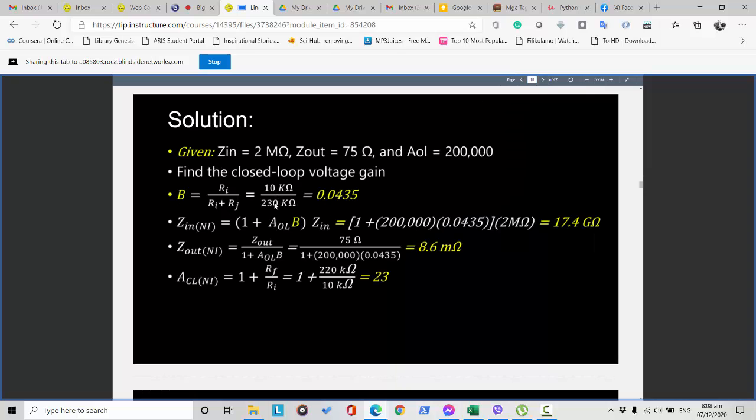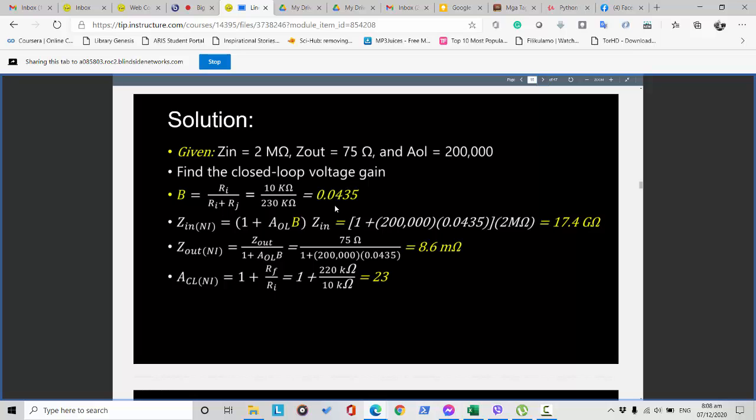That will be 230, because the sum of 10 plus 220 is 230. Now, dividing 10 by 230 kilo ohms is equivalent to 0.0435. This will be unitless because we are dividing it.